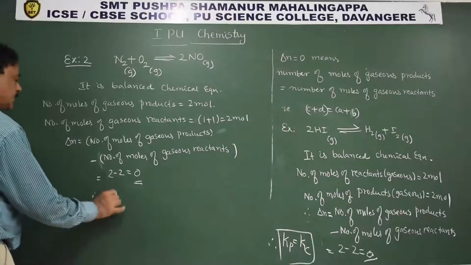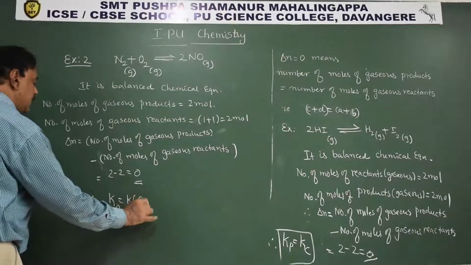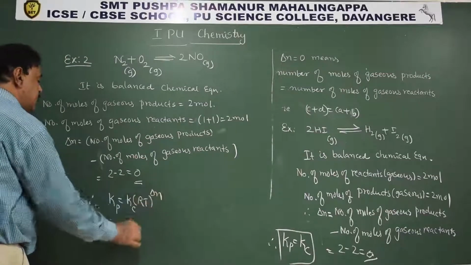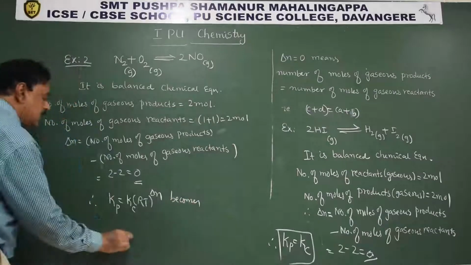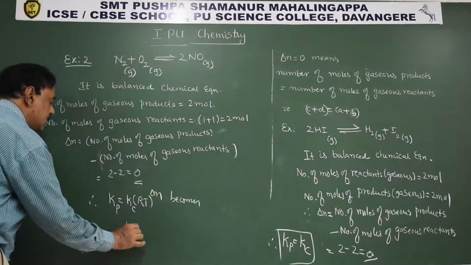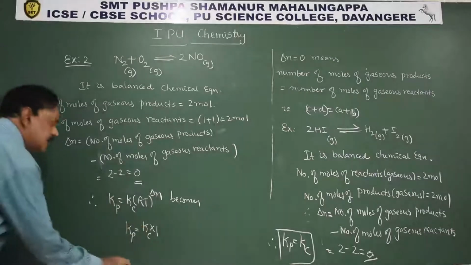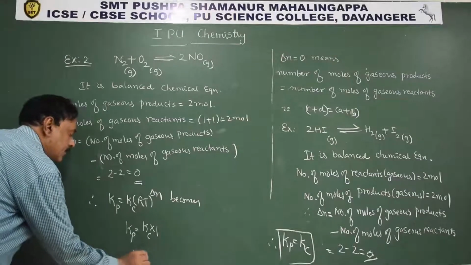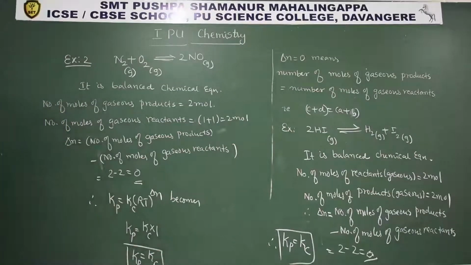Therefore, Kp is equal to Kc into RT to the power of delta n becomes Kp is equal to Kc into 1. That is, Kp is equal to Kc.